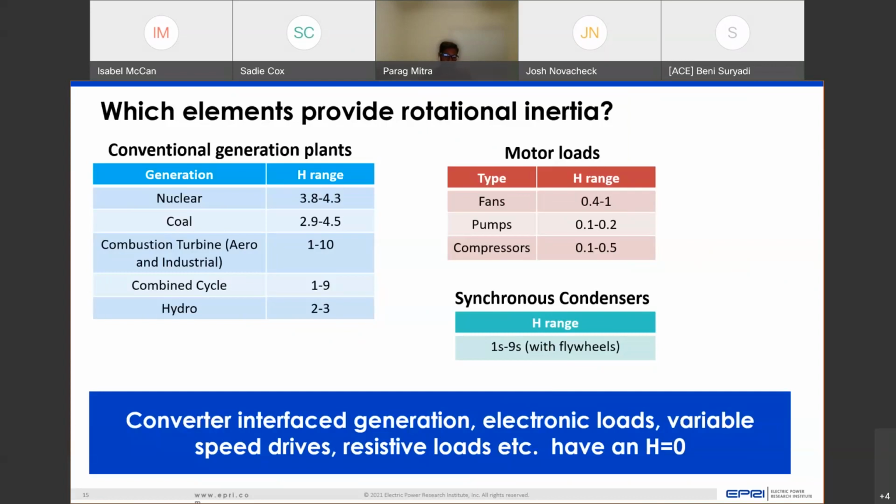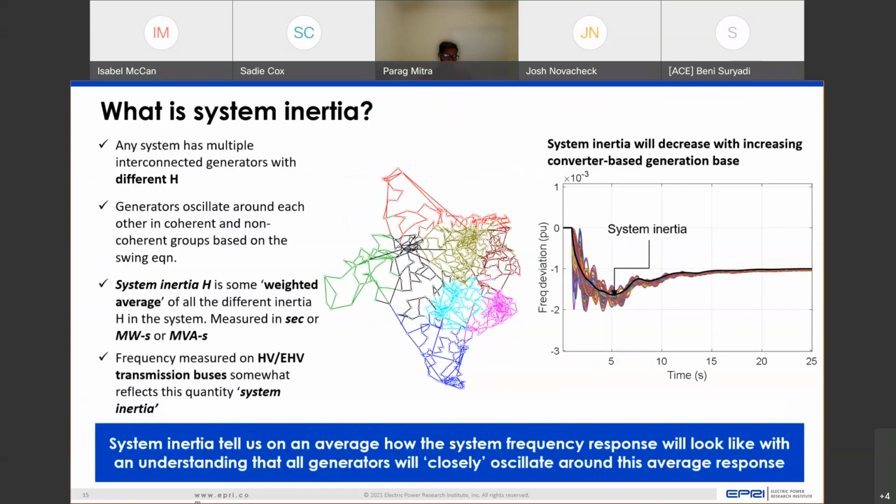So moving along, we have to ask the question, what is the system inertia? If you look at this example system, you can see it's a network connected with multiple transmission lines. So a system like this is expected to have multiple interconnected generators. Each of these generators will have a different inertia constant.